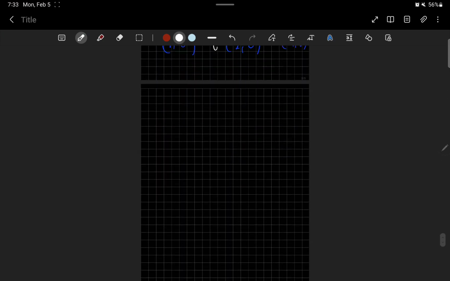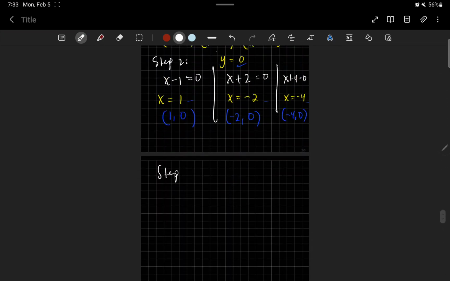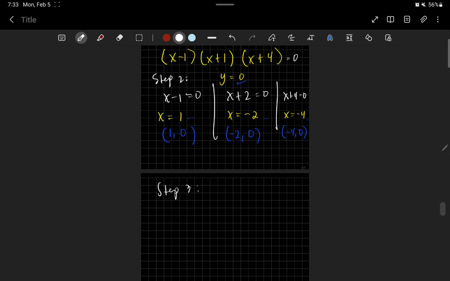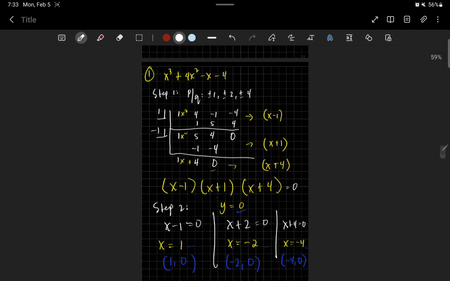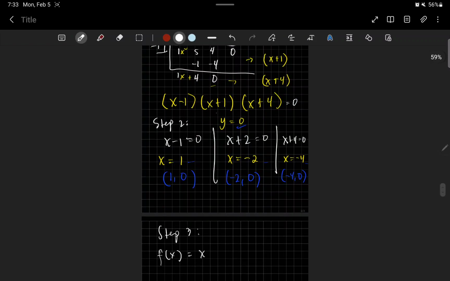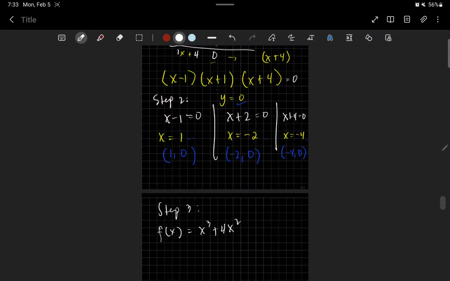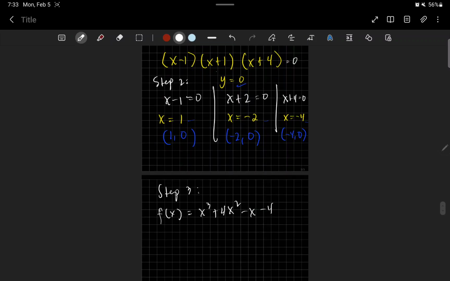Okay, next for step 3. This is what I was referring to in step 3, the y-intercept. For the y-intercept, we are letting x is equal to 0. So, if f of x, or your function, is equal to x cubed plus 4x squared minus x minus 4, all the x, you equate to 0.